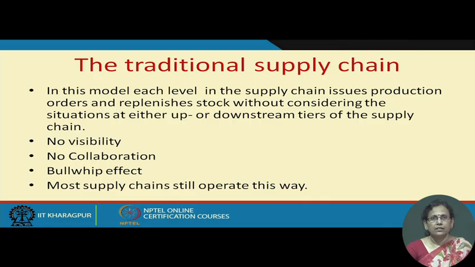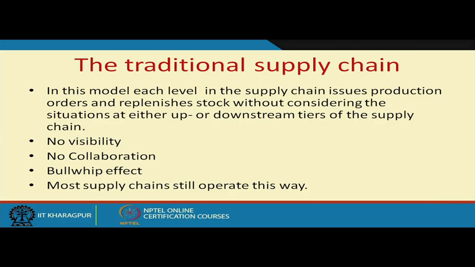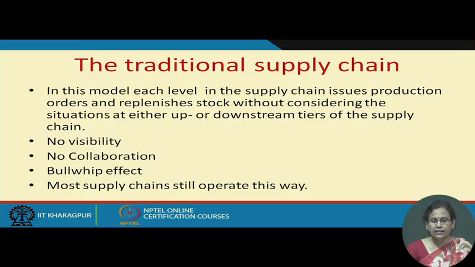Now, this traditional supply chain, where there is neither production planning collaboration nor inventory level collaboration, has no visibility. In this model, each level in the supply chain issues production orders and replenishes stock without considering the situation of either the up or downstream tier of the supply chain.